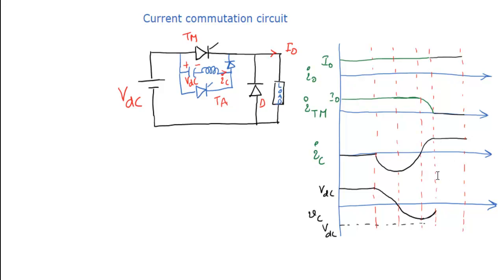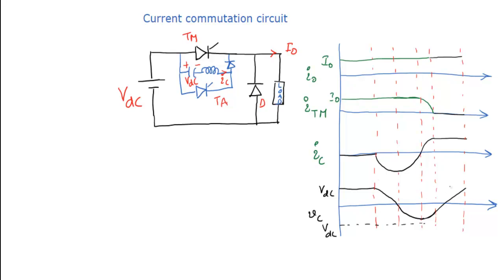During this time, initially the capacitor starts discharging with constant load current. That's why it follows a ramp, and then it is charged again by the source in the opposite direction. That's why this is again a ramp, because the capacitor current is constant.